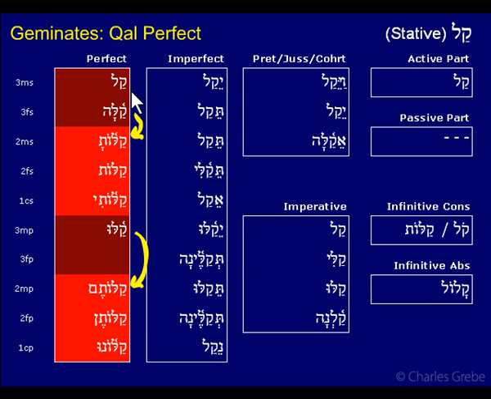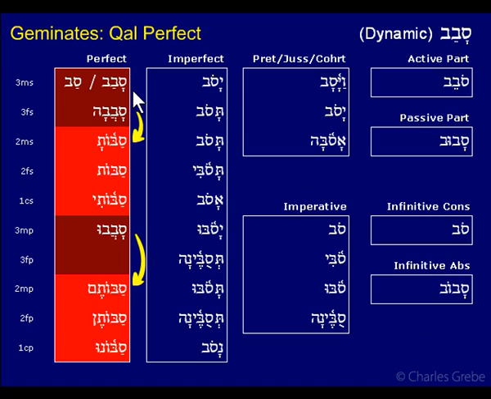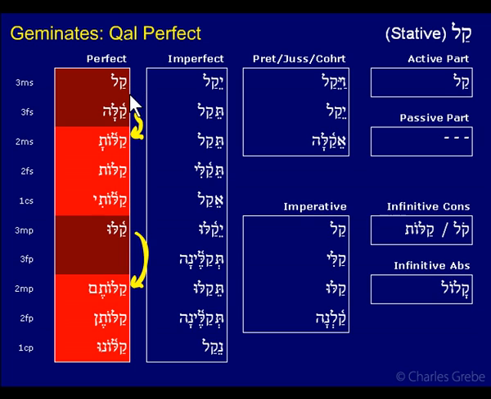We've started with a patach, not the qamets. Note here, in the dynamic form, this is really just like the strong paqad. We have the qamets there as the first root vowel that marks the perfect. We have it also in these dynamic geminates. The stative geminates we don't. We have gone down to the patach.